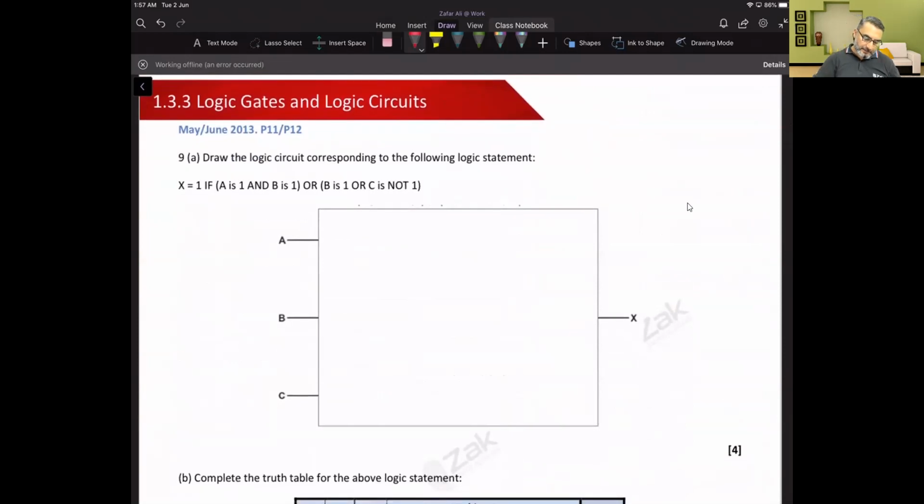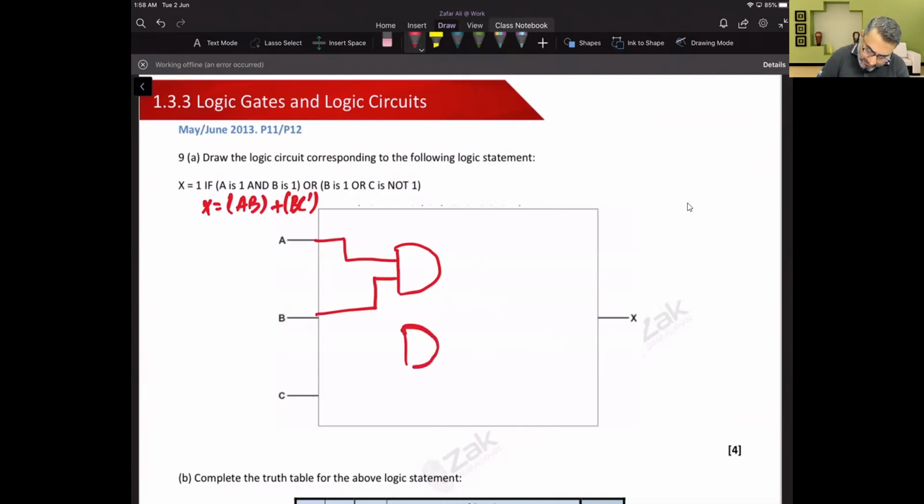So it says that X is equal to 1 if A is 1 and B is 1, it means that it is AB, or B is 1 and C is not 1, that is B, C not. So this is actually X is equal to AB plus BC not. AB means we have to put an AND gate over here, and then BC not.